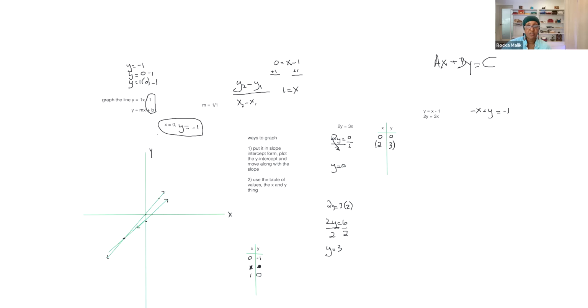And then I'm gonna make this one be in the same format. So I'm gonna move the 3x over to the left side. It's gonna be minus 3x plus 2y equals, let's just leave it blank.